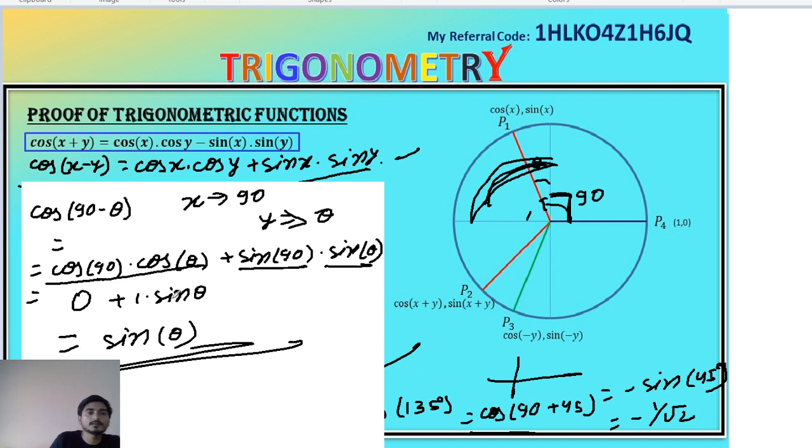Now, using this we can always solve these allied angle problems.